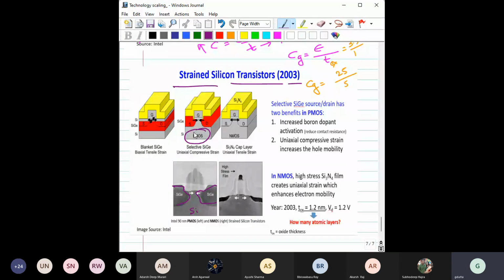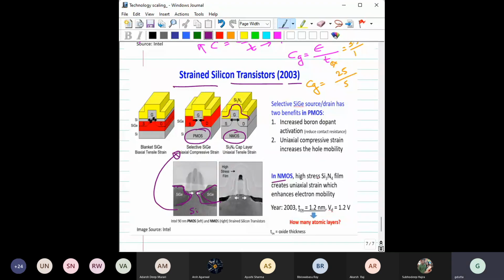See, hole mobility is always low, right? So to improve that, what they tried is just introducing silicon germanium for PMOS. But what can they do for the improvement of NMOS? They have used silicon nitride passivation.